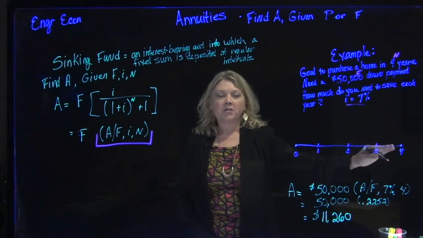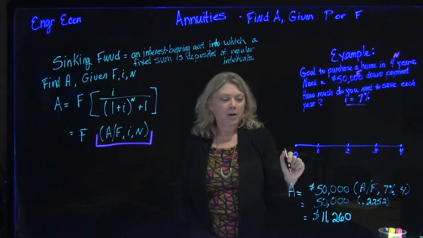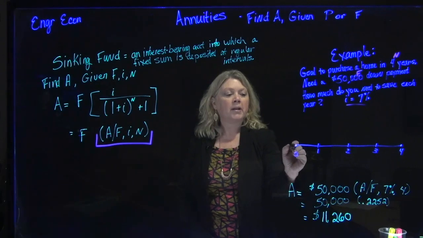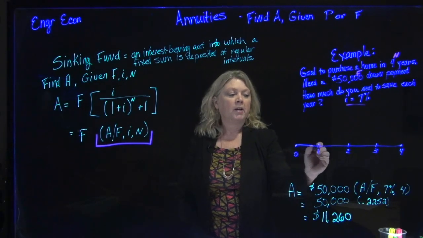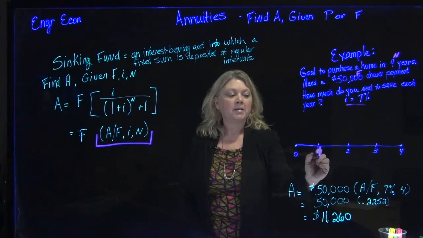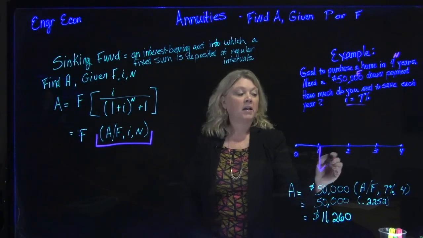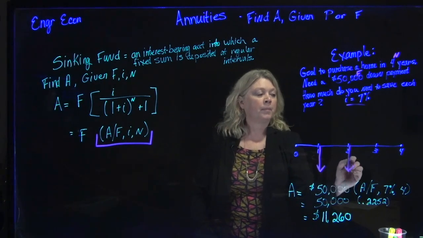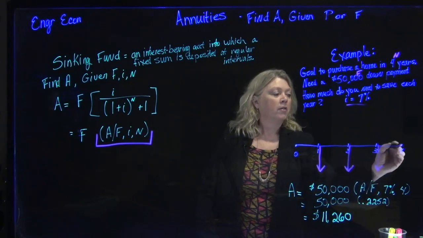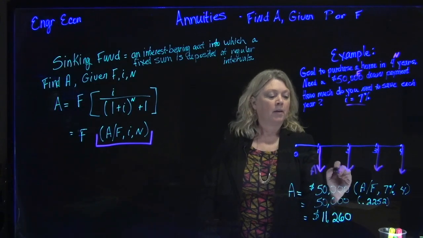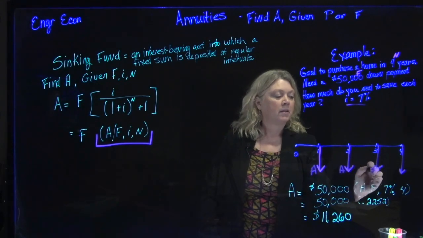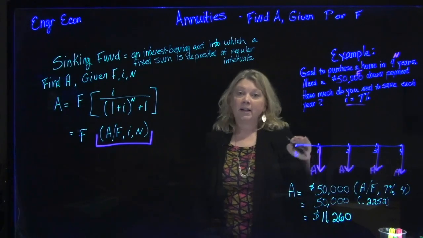So here's a cash flow diagram. Let's plot out the problem. Time 0, right now, nothing happens. We're going to assume this is a regular annuity in which the deposits are made into the account at the end of each year. And that's what we're looking for, the amount of the annuity. That would be the same amount going into the account.